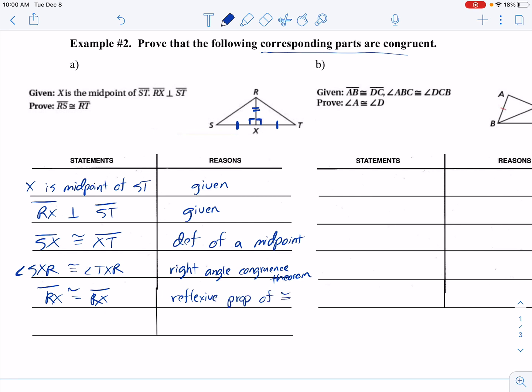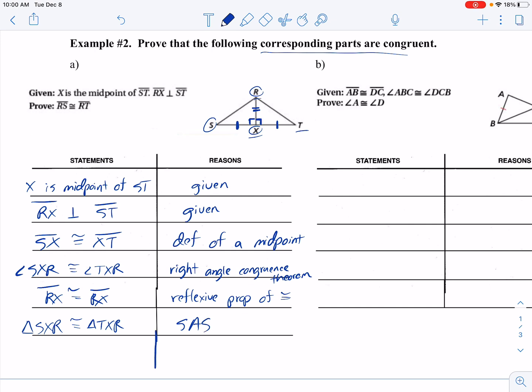And now we have enough information to state that the two triangles are congruent. So triangle SXR, make sure it's in the correct order. If you say SXR, then we would need to say TXR, triangle TXR, by side-angle-side.